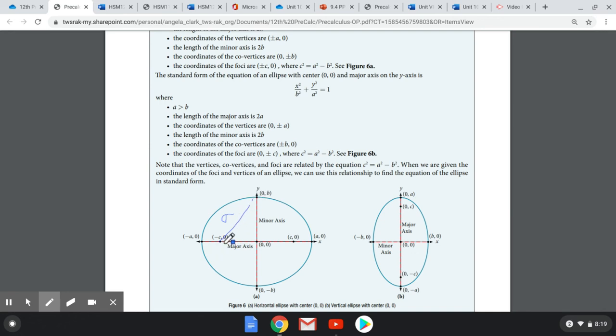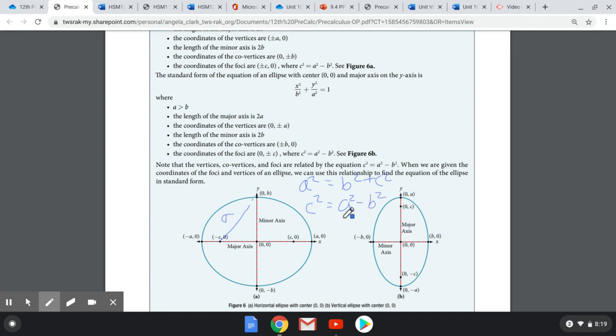So c would be the leg of a right triangle. We would get that a squared equals b squared plus c squared. Solving that for c, because that's most often what we use it for, gives c squared equals a squared minus b squared.